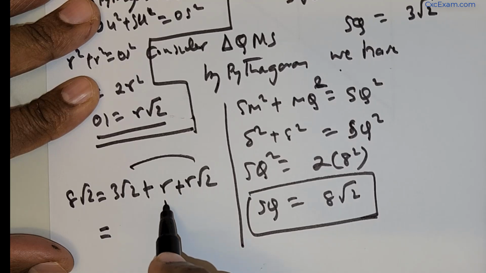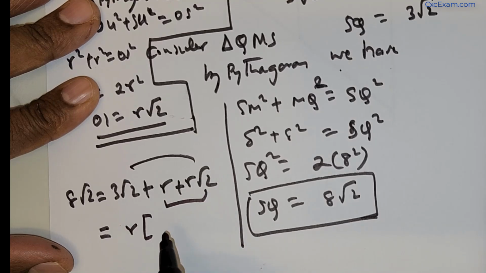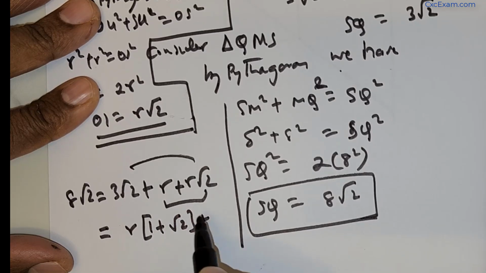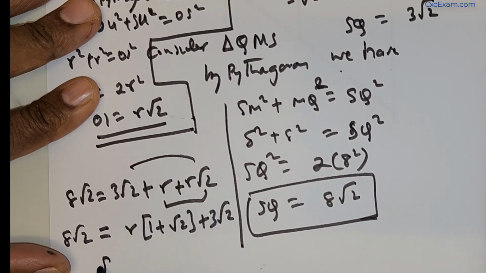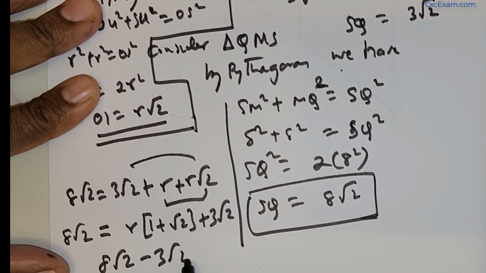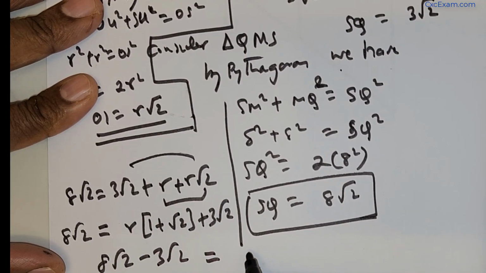So probably I will take the R out, so it's going to be R of 1 plus root 2 plus 3 root 2, and you have 8 root 2, so you push the other side out. So 8 root 2 minus 3 root 2 is equal to R of 1 plus root 2.